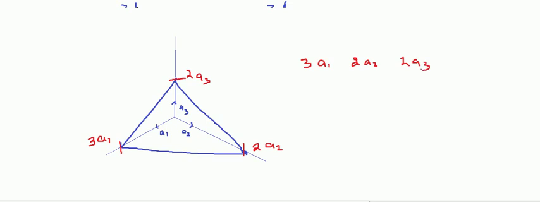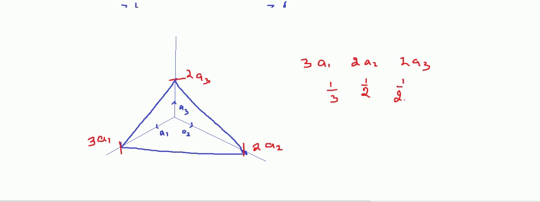So what is the idea behind Miller indices? Take the coefficients, reciprocal it. So this will be 1 by 3, this will be 1 by 2, and this will be 1 by 2. Now, after taking the reciprocal, form the 3 smallest integers having the same ratio.